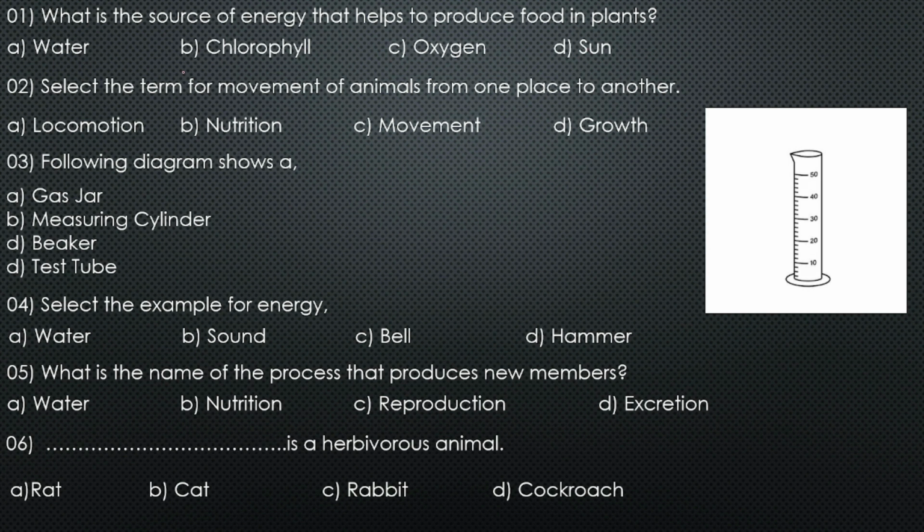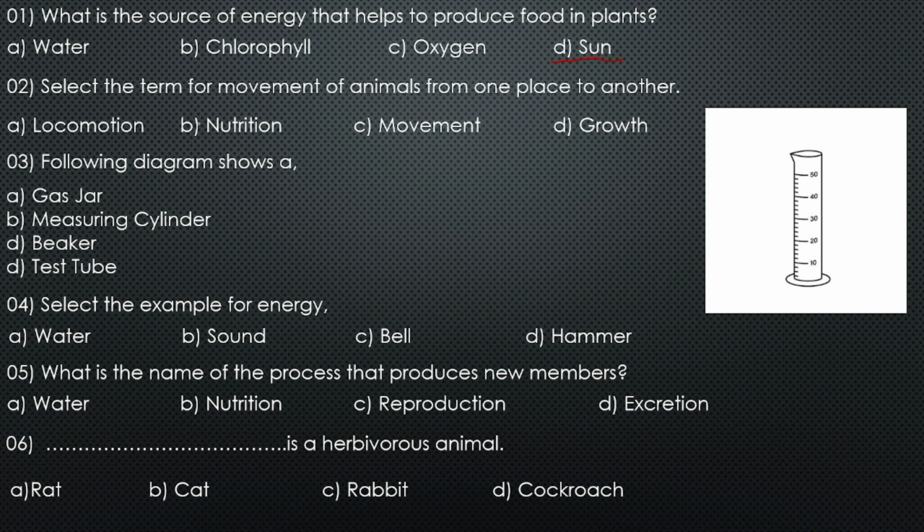Water and chlorophyll are requirements to make this process happen. Oxygen is the result, it is taken as a byproduct. The main product is glucose, the byproduct is oxygen. It is not a source of energy. Here the source of energy is the sun, and it is the main energy source provided. The answer is D.